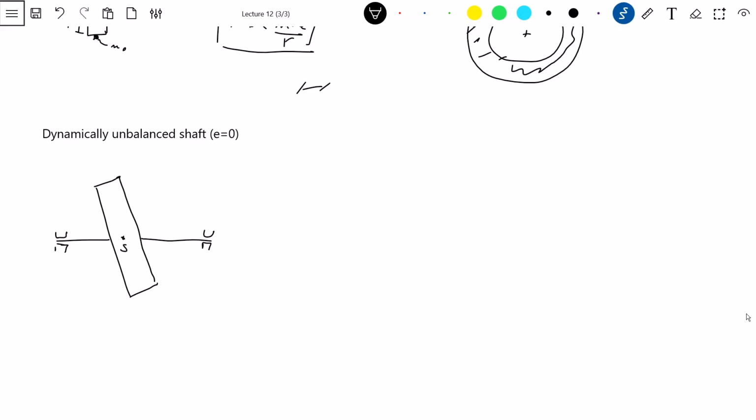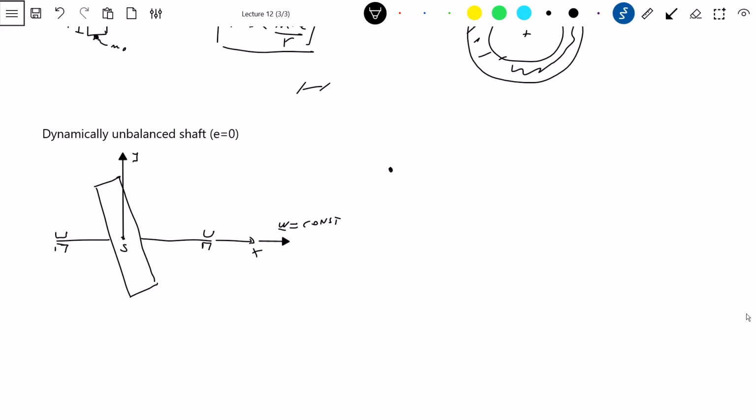These are the axis X, and this is the Y axis, and we have an angular velocity like this, which is omega, which is constant. So what is the peculiarity of this system?